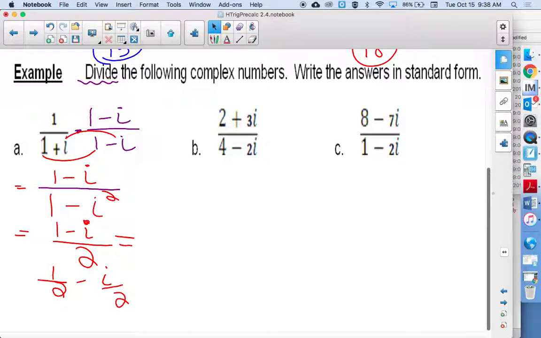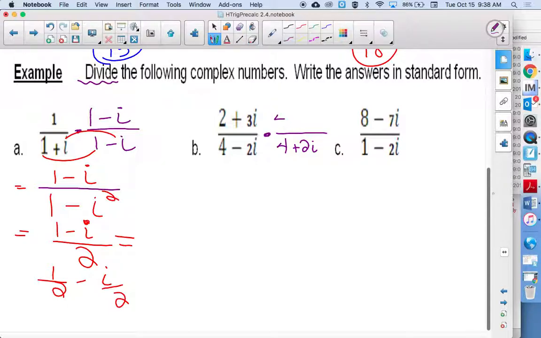So looking at letter B, multiply by the conjugate, which means multiplying by 4 plus 2i. Be really careful here with the top and the bottom. There's lots of multiplying i's.